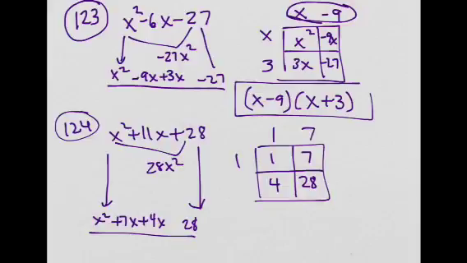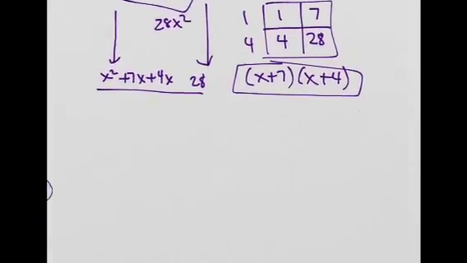And then something times 1 is going to give me 4. Well, that's 4. So how you read it in this problem is the 1 and the 7 basically just means x plus 7. And the 1 and the 4 means x plus 4. And that's your answer.